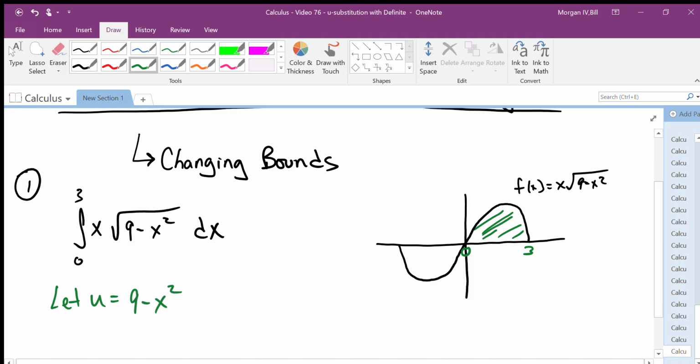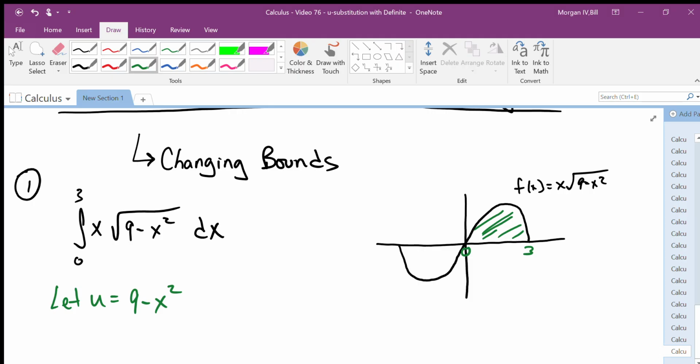I'm picking 9 minus x squared for a couple of reasons. One, its derivative is negative 2x, and I have the x in the problem, so the x in the problem and the negative 2x derivative are going to cancel out. Secondly, the U is a lot of times the part that's inside the parentheses. In this case, it's inside the square root.